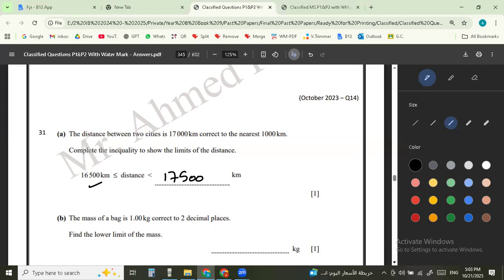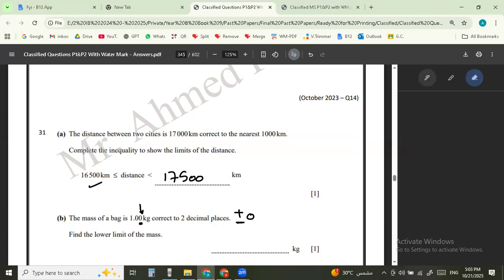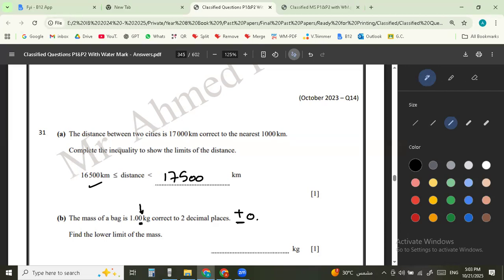The mass of a bag is 1 kilogram corrected to two decimal places. Find the lower limit. Mister, two decimal places means the nearest hundredth. That means if I want the upper bound or the lower bound, I add or subtract 0.005.